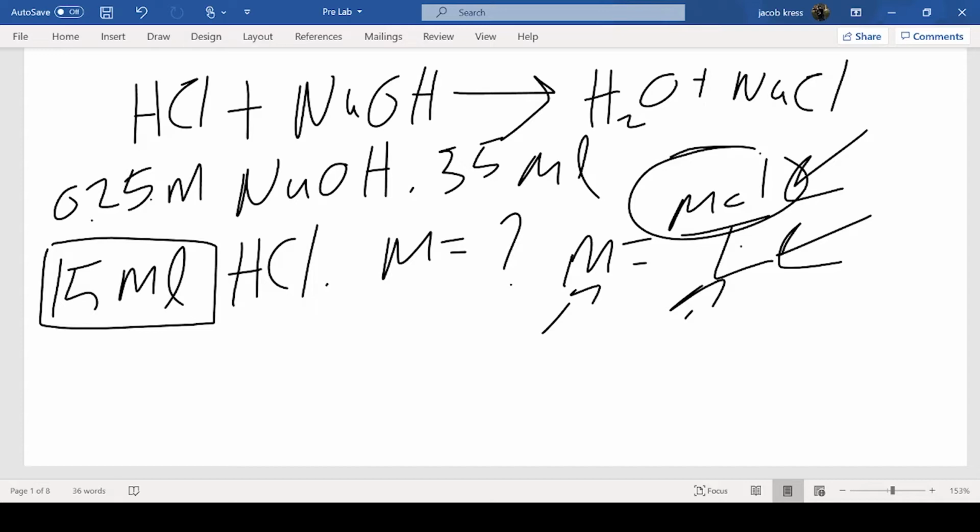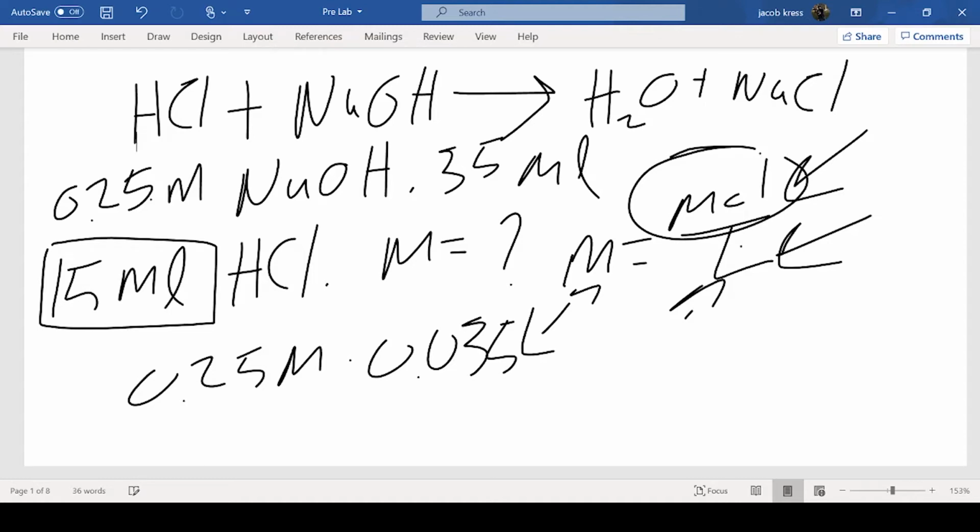The way we'd get through this is the first step, we have to calculate the amount of moles of sodium hydroxide we used. So 0.25 moles per liter times the volume. We used 35 mL. If I convert that to liters, that's going to be 0.035 liters. And if I punch that into the calculator, we're going to get 0.00875 moles.